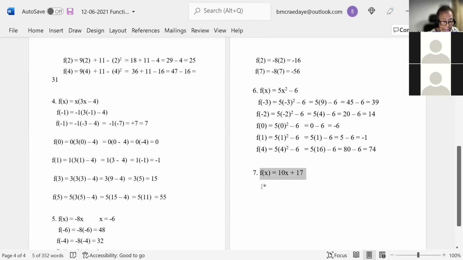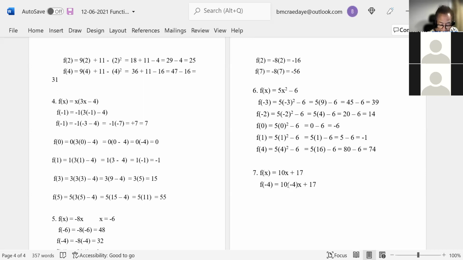Now, we're given minus 4 as our input, so I'll copy this over. So that's 10x. So x, the input, is a negative 4. Wherever you see the input, you want to put the negative 4.